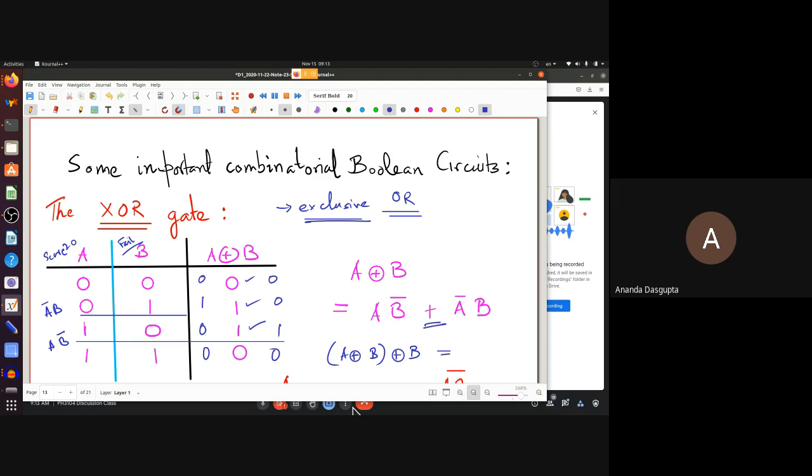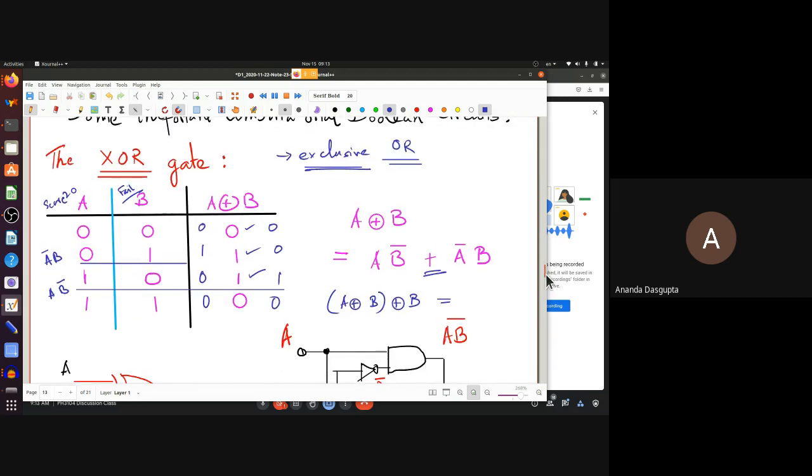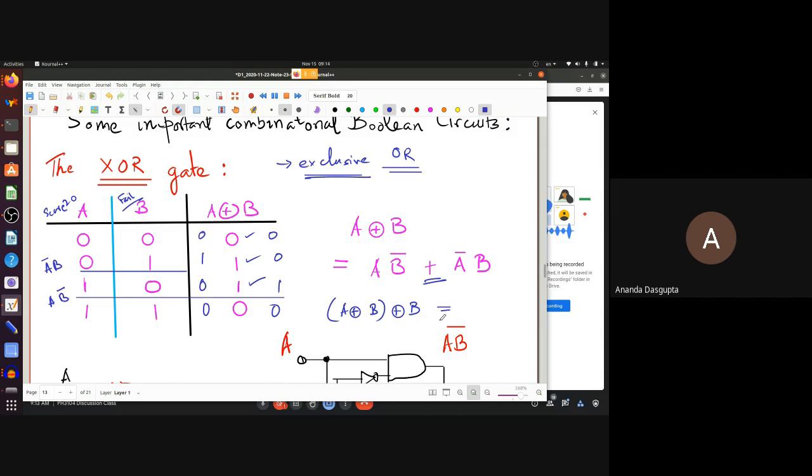Yes? Any idea about this one? Am I still connected or not? A. How do you figure that out?